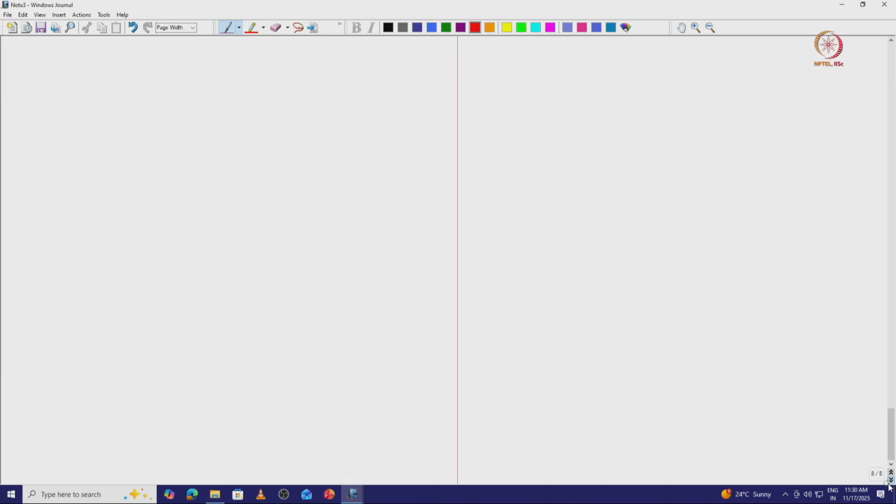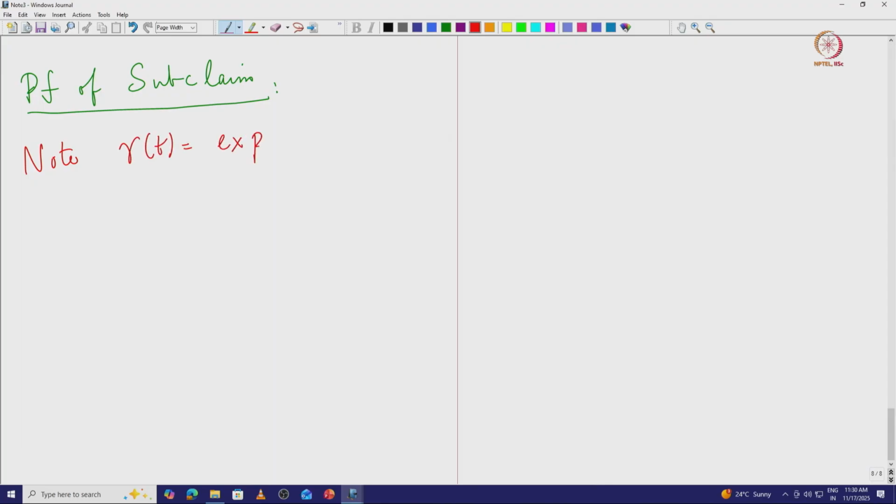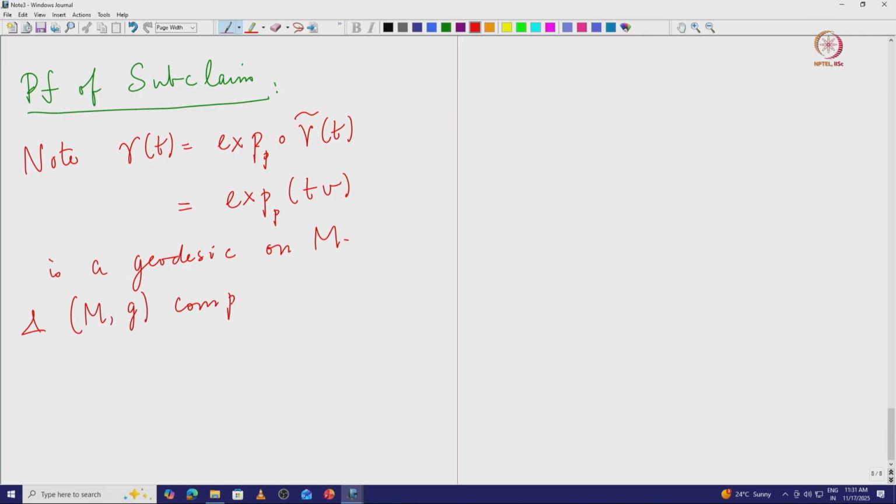All right, so now let us prove the subclaim. We simply note that if you take the composition of gamma tilde with the exponential map, this by the very definition of the exponential map is a geodesic on M, and because (M, g) is complete, it exists for all time.